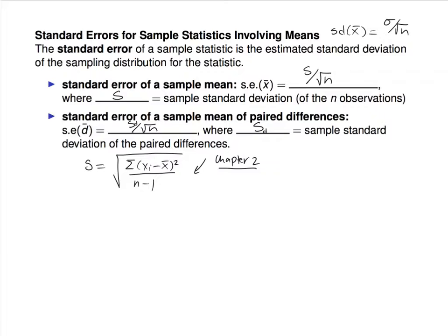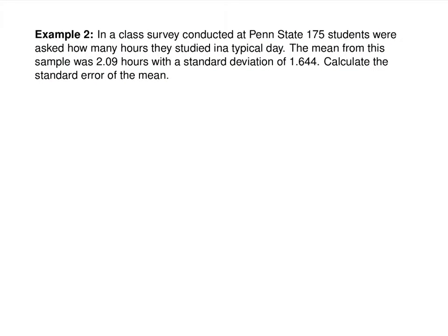Okay. So in a class survey conducted at Penn State, 175 students were asked how many hours they studied in a typical day. The mean from this sample was 2.09 hours with a standard deviation of 1.644. Calculate the standard error of the mean.